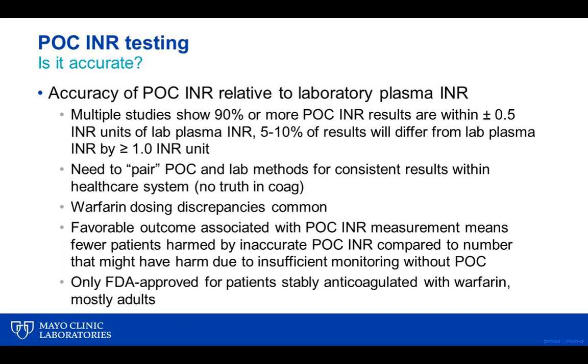All of the devices we use for point-of-care INR are only approved to monitor patients who are being stably anticoagulated on warfarin. So if we just want to assess whether there is a clotting disorder, we can't use the point-of-care INR method, and so that is only useful for warfarin therapy.